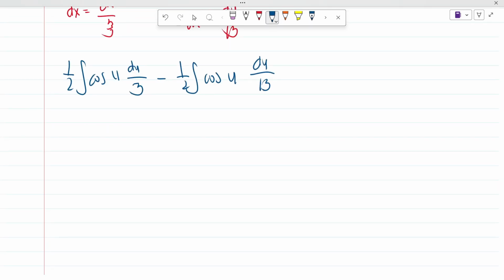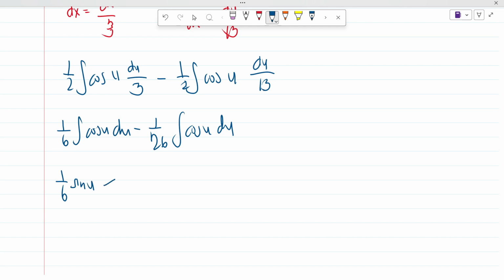So when we take out the 3, it becomes 1/3. So 1 half times 1/3 is equal to 1/6 cosine of u du, minus 1 half times, when we take out the 13, it becomes 1 over 13, so this equals 1 over 26 cosine of u du. What is the integral of cosine u? It is sine u. So sine of u minus 1 over 26 sine of u, and don't forget the plus c.